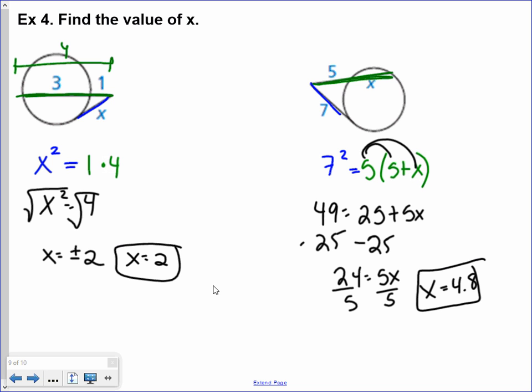Number 12, you're for sure going to have to factor. And number 7. So again, 3, 6, 7, and 12.